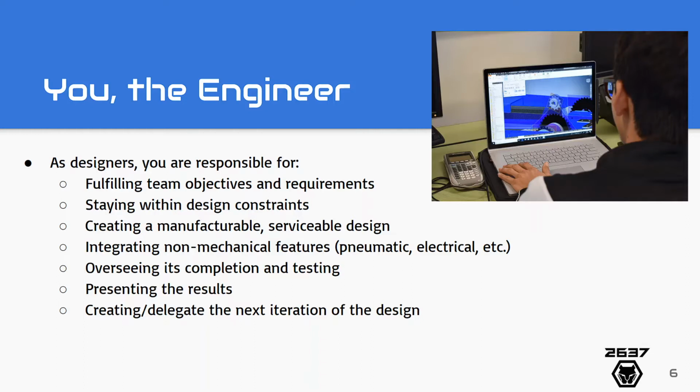You're responsible for creating a manufacturable, serviceable design that's possible to manufacture according to the machines and the resources that you have. You're responsible for integrating non-mechanical features, such as pneumatic, electrical, and other software requirements, and making sure that they can function properly within your mechanical design.